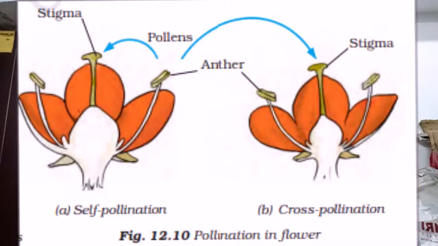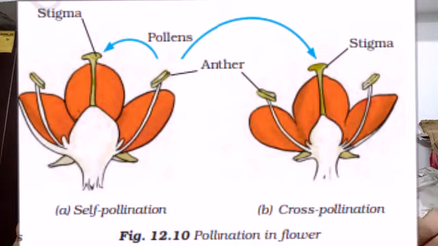These pollens have a tough protective coat which prevents them from drying up. The pollens are very light, so they can travel with the help of wind or water, or they attach to an insect's body when the insect comes and sits on the flower, due to the attraction of the colorful parts, and also sometimes to suck the nectar.